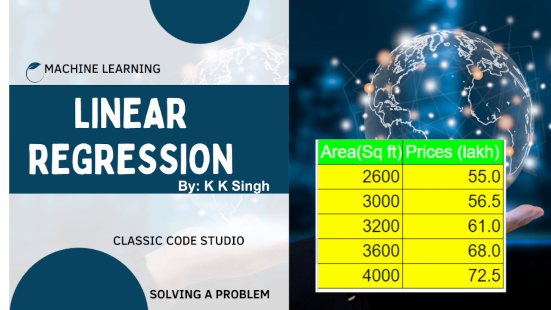If I want to buy any house in this range or beyond this range, I would like to predict the value of the area which I am going to buy. So without wasting much time on this discussion, we move to our working window.